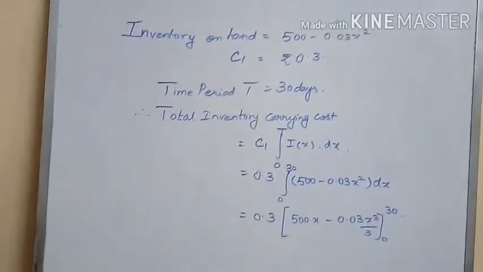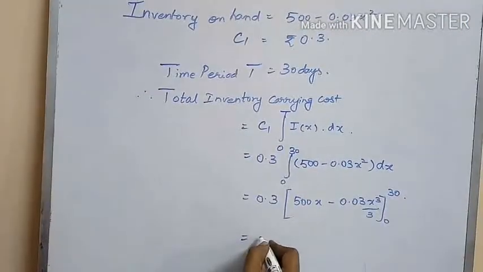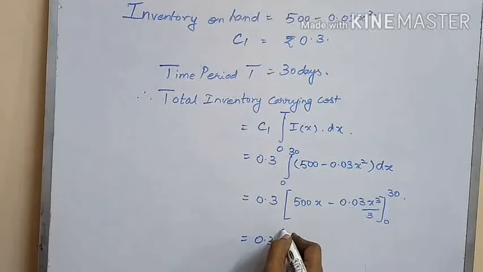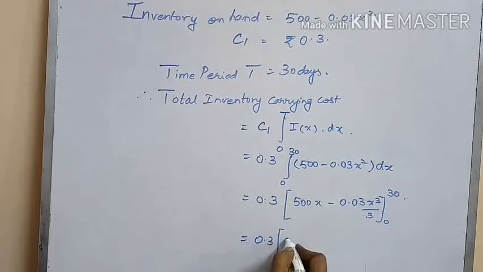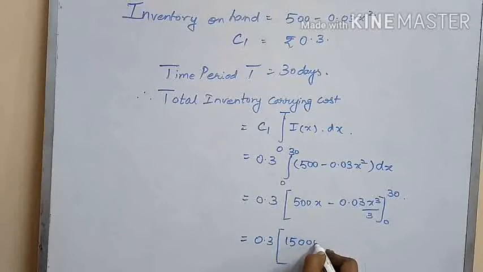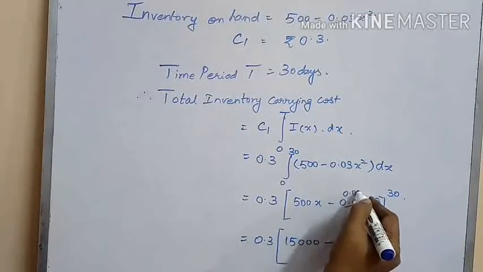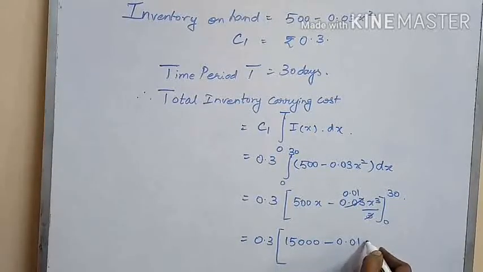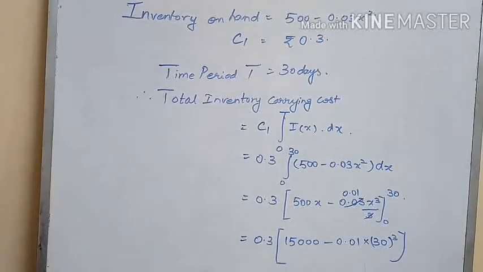Let us substitute the upper limit. So we get 0.3 into 500 into 30, which will give you 15,000, minus, here 3 and 0.03 cancels and we get 0.01 into x is 30, so 30 cubed.